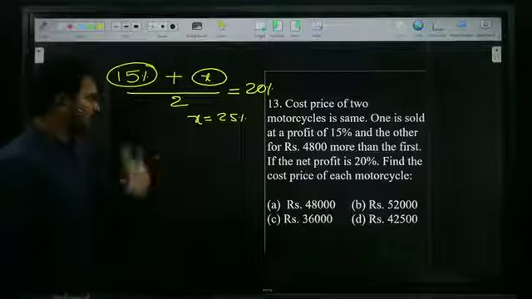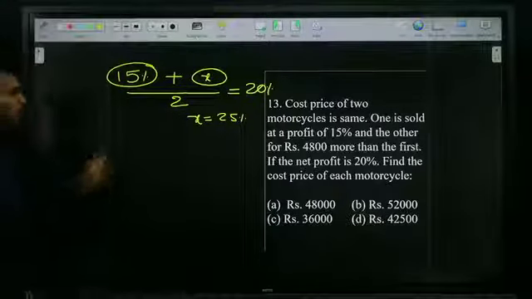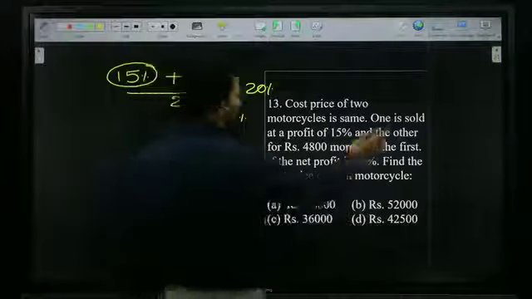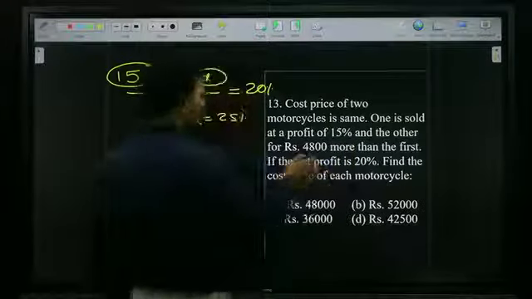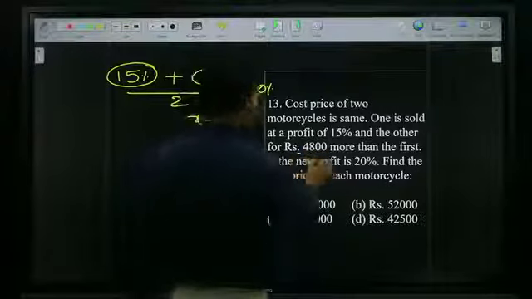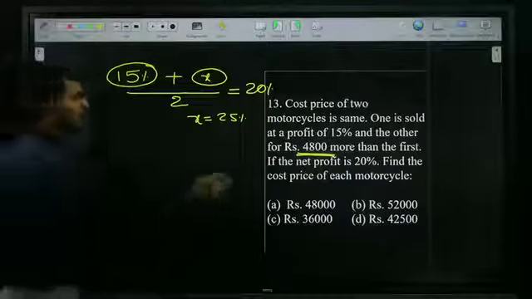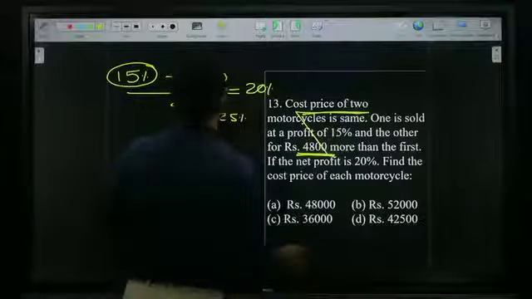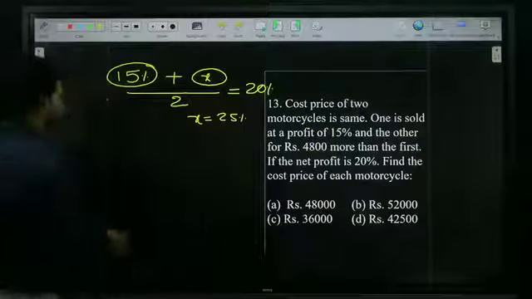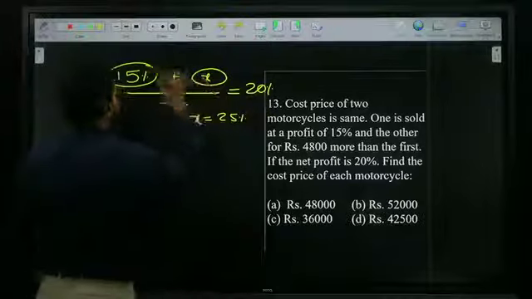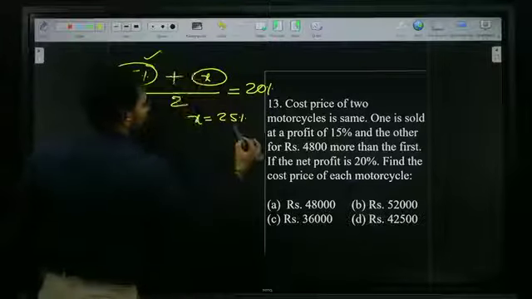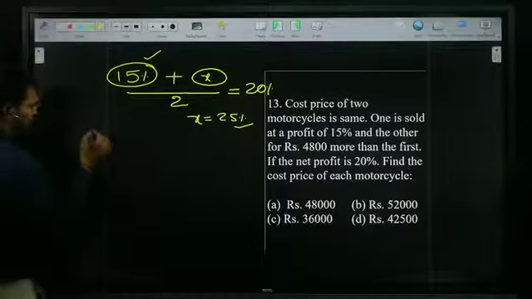All of you clear, Andy? So here, one more thing, Amma. First article sold at 15% profit. The difference between the first article and second article selling price is what, Amma? 4,800. Cost prices are same. Okay, Amma? First article profit is what? 15%. Second article profit is what? 25%.